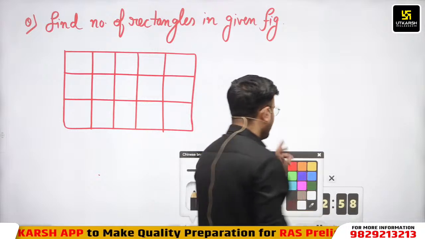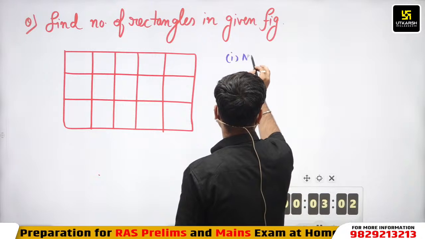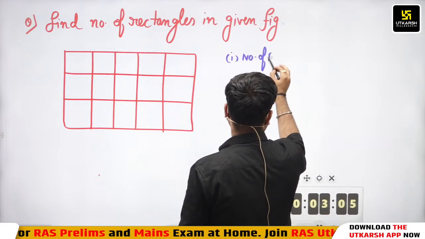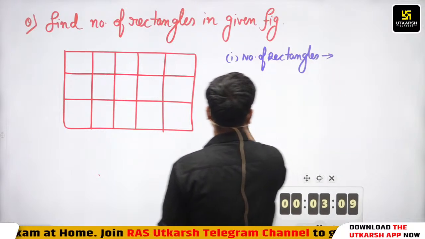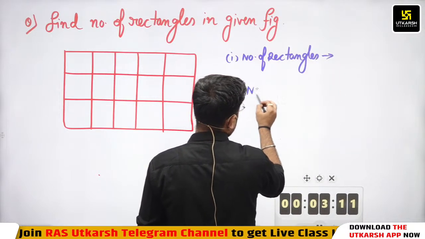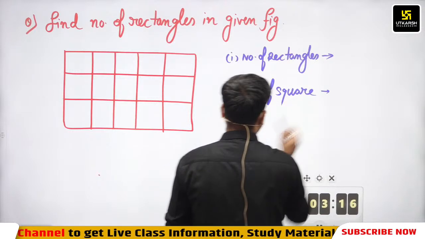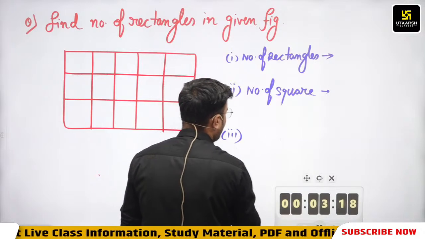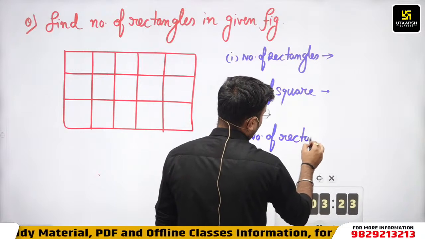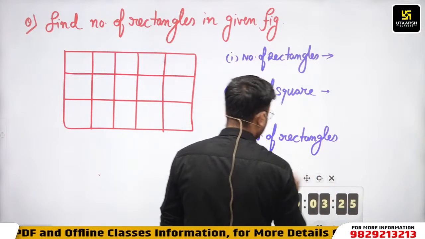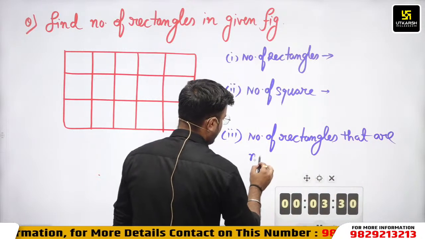So there are basically three questions: first, the number of rectangles; second, the number of squares; and third, the number of rectangles that are not squares.